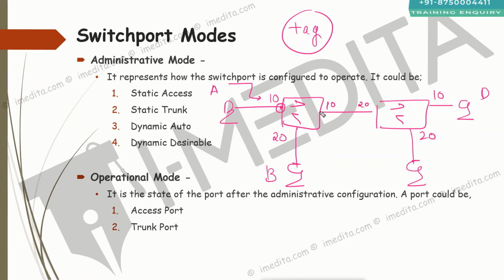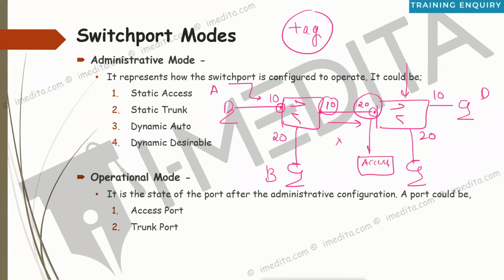And traffic will exit out of the port in VLAN 10. When the traffic exits out of the port in VLAN 10, there is no tag. So this switch has no idea. This switch cannot possibly know that the data belongs to VLAN 10 or 20. More importantly, when the traffic arrives onto this particular port, this is also an access port. And if it is an access port, the data becomes part of VLAN 20, and the data will be forwarded towards the user in VLAN 20.